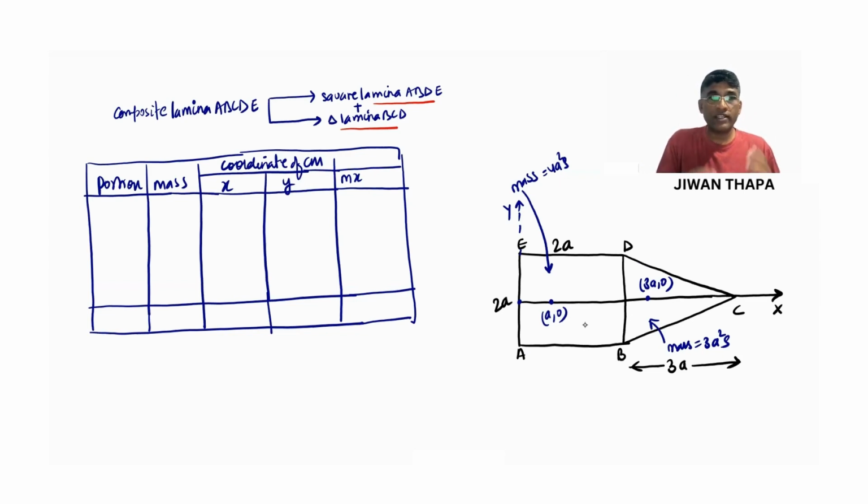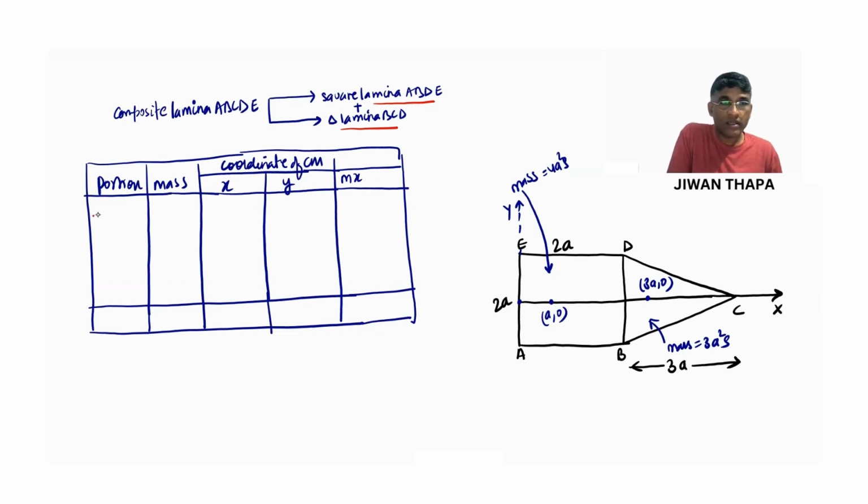So in this table, portion A, B, D, E and portion B, C, D are added to get the composite lamina. Clear?